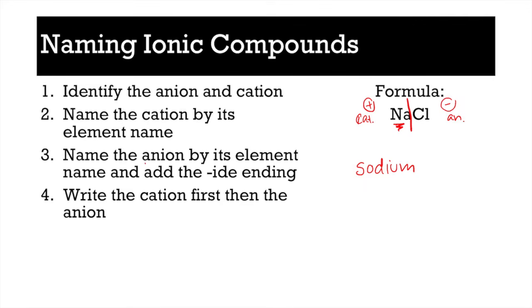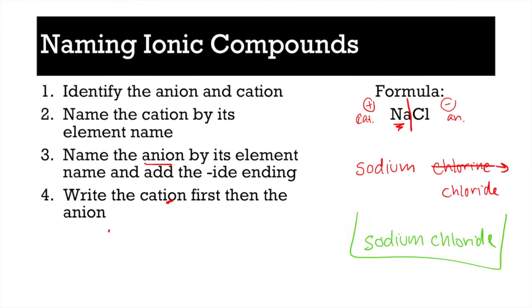And then we're going to name the anion by its element name, but with the IDE ending. So chlorine becomes chloride. So then you have your cation first, your anion second. So your name would be sodium chloride. And that is your name and formula for the simple salt.